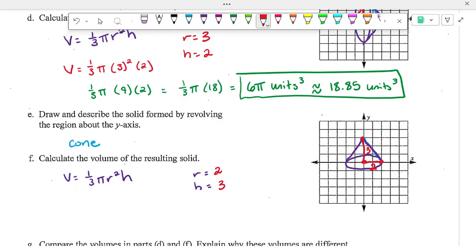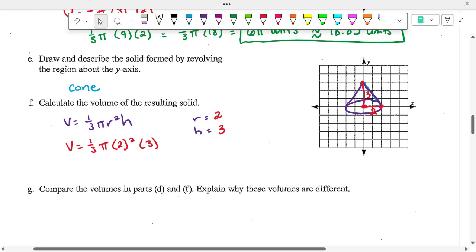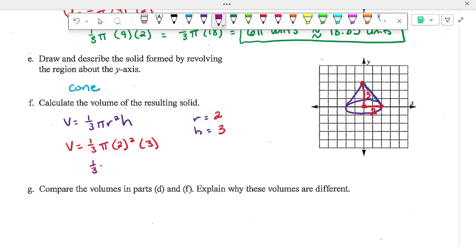Put it back into my formula. I have volume is equal to 1/3 pi times 2 squared times 3. What's 2 squared? 4. So I have 1/3 pi times 4 times 3. What's 4 times 3? 12.